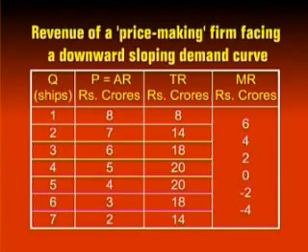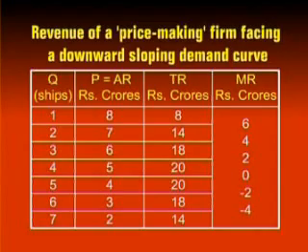So it gains rupees 6 from the sale of the third ship, but note that it loses rupees 2 by having to reduce its price for the first 2 ships that it otherwise could have sold for rupees 7. Therefore, marginal revenue is equal to the gain in revenue because of the third ship, that is 6, minus the loss in revenue because of the fall in price of the first 2 units, that is minus 2, and this gives 4.